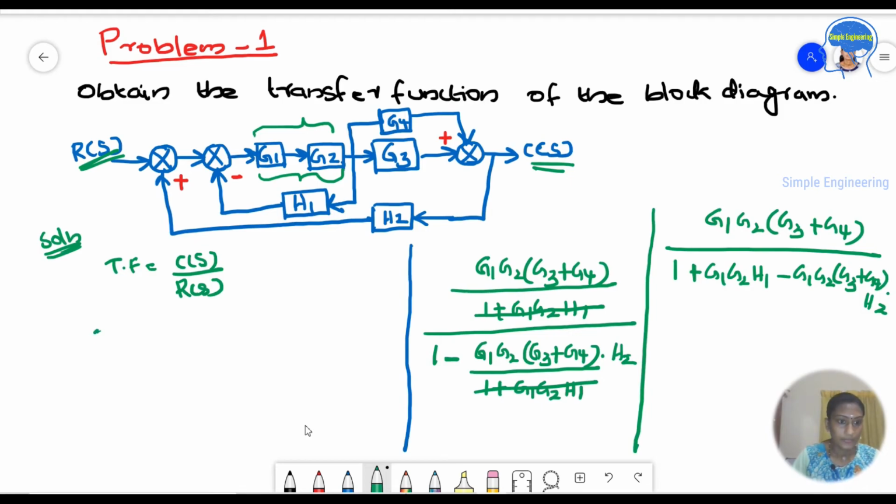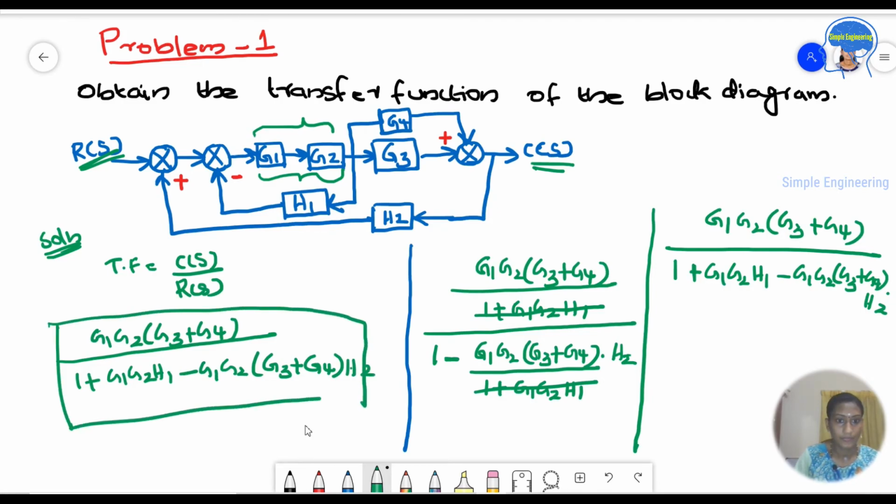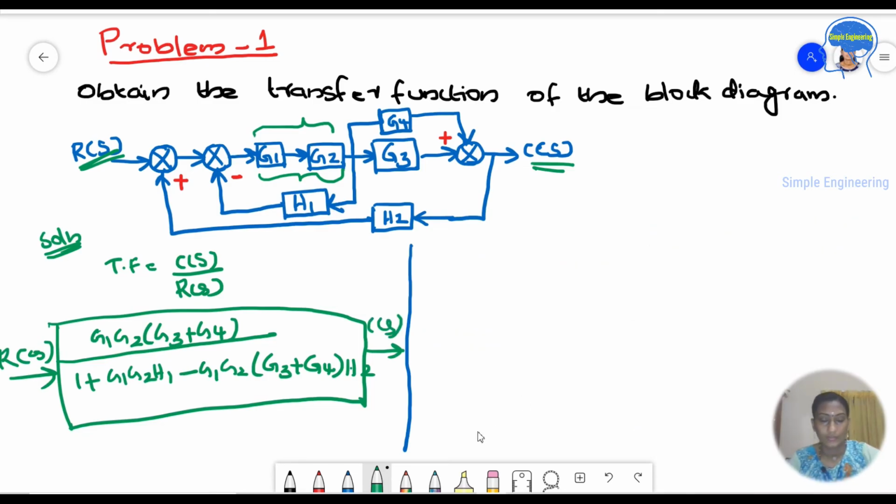Your block will be G1 G2 into G3 plus G4 divided by 1 plus G1 G2 H1 minus G1 G2 into G3 plus G4 into H2. This is the block, and you have R of S, and this is your C of S.